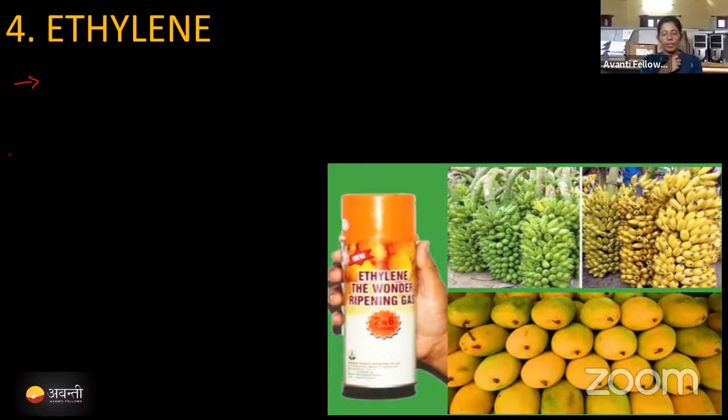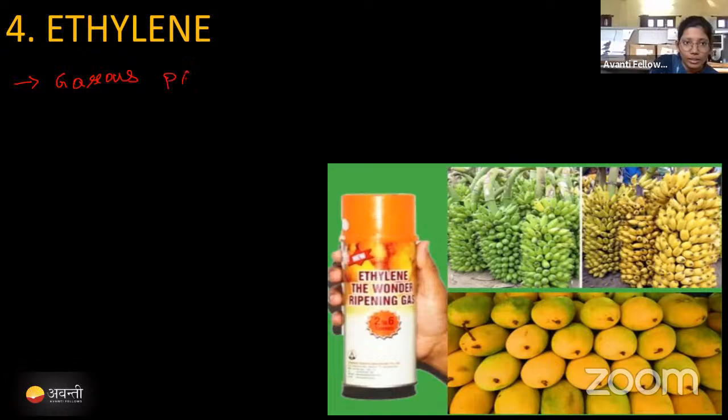But if we keep them separately, it takes more time. What this means is that every ripened fruit produces ethylene, and this ethylene increases the age, or the senescence, of the plant. Ethylene is mostly in gaseous form. This is a gaseous PGR.